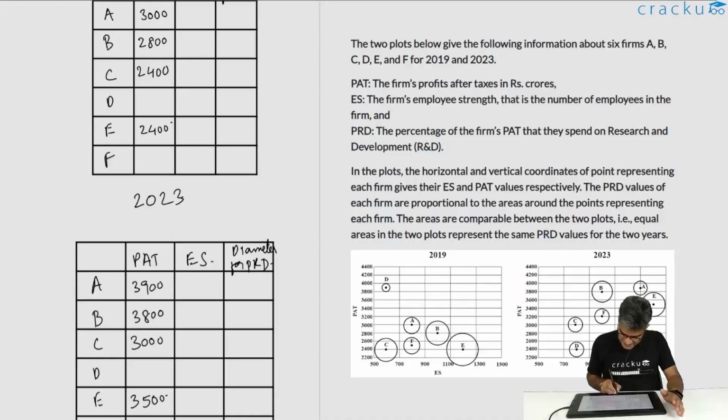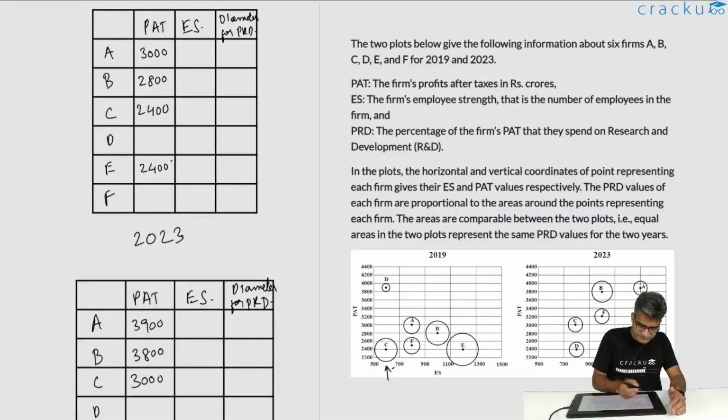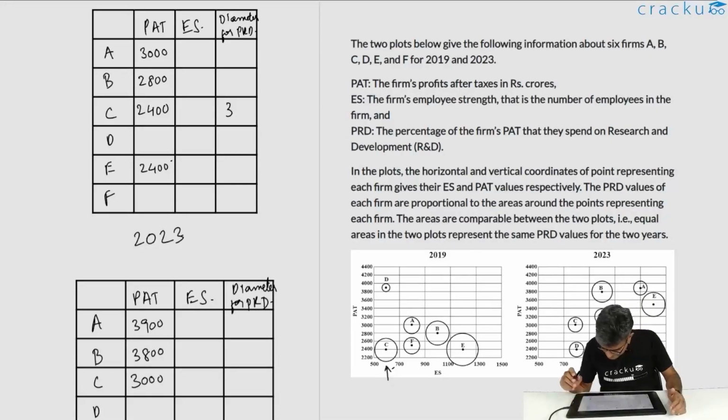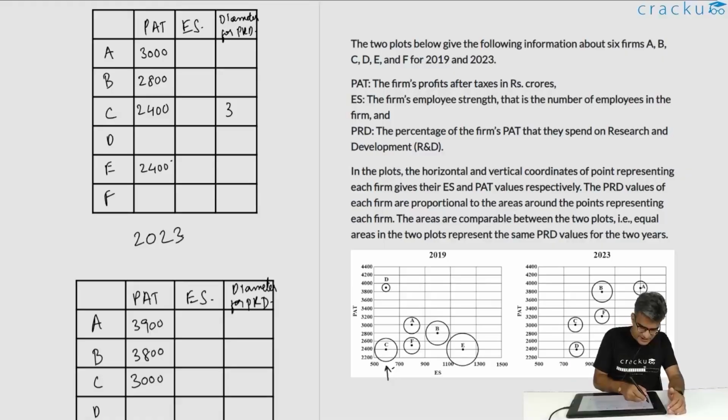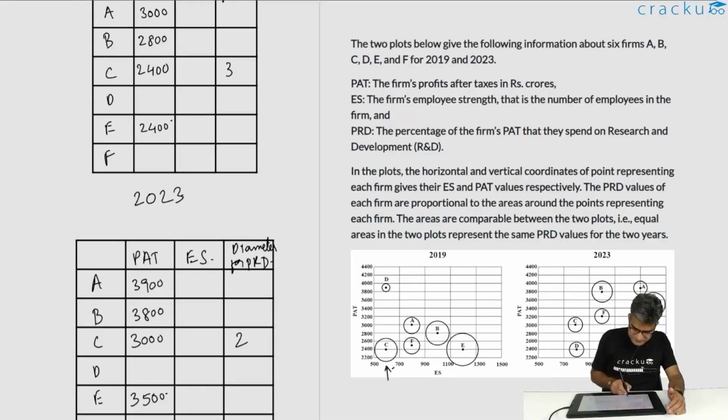For C, the diameter in 2019 is not easy to calculate. We know that it is greater than 2 units. Maybe it is close to 3 units. So approximately the diameter is close to 3 units. In 2023, it is close to 2 units. I think it is maybe 2 units or maybe slightly lesser, but I'll approximate it to 2 units.